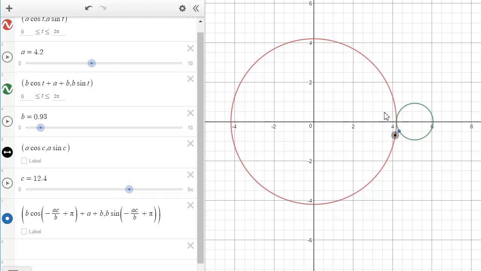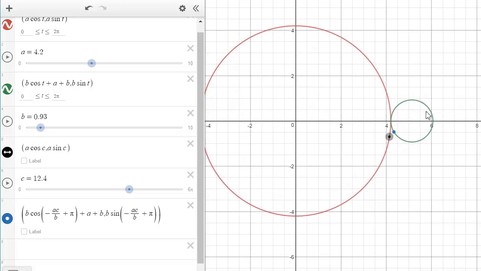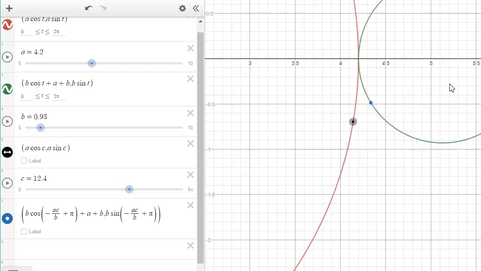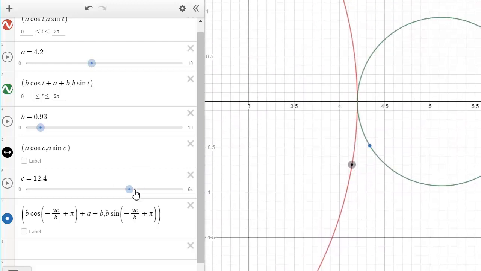If I zoom in, they don't actually meet. Let me slow it down.